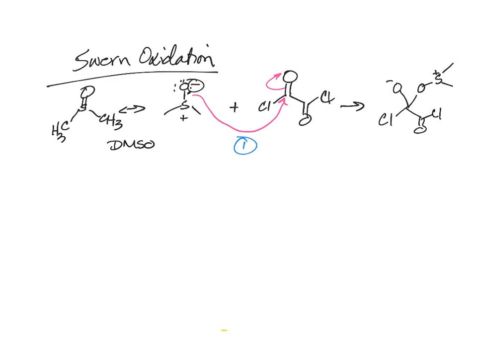So now step two will be the return of electrons. If the oxygen can come down, that will kick out a chlorine. The result of that will be a double bond O, the O to the sulfur, and a plus charge on the sulfur. And we've lost the chloride out here, just hanging out.